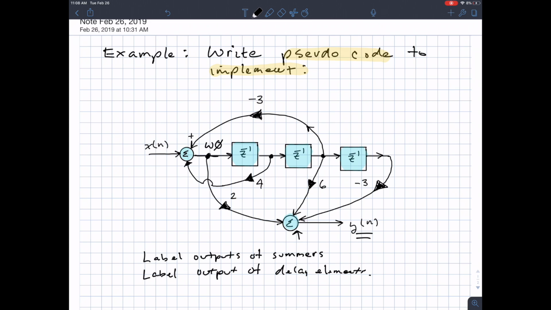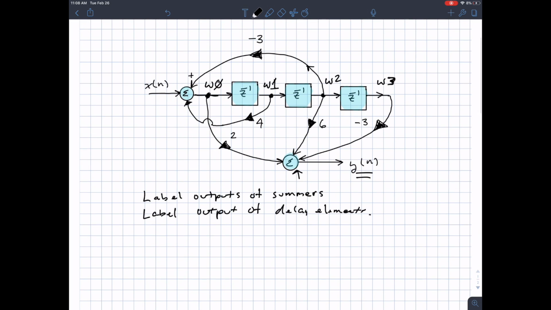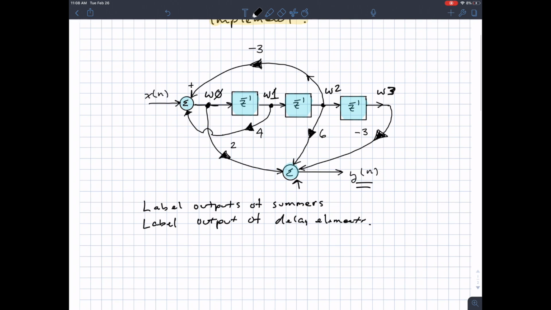Now we label the outputs of the delay elements. So this would be W1, W2, and W3. I use W's. You could use anything you wanted, but this is the way I do it. So that's essentially step one.